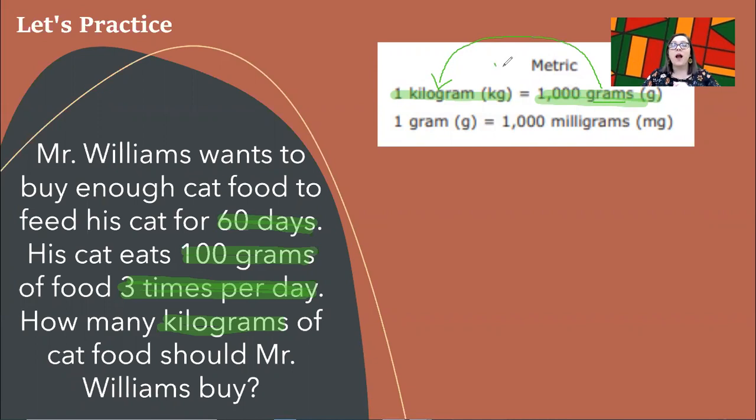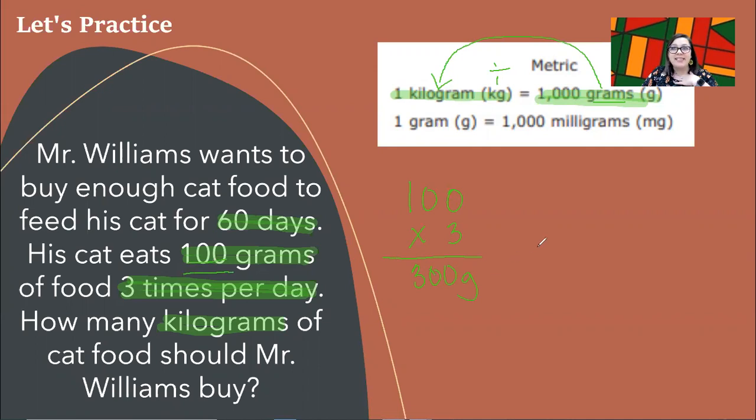But before I divide to find the number of kilograms, I first have to find my total number of grams. So we know that he feeds his cat 100 grams 3 times per day. Therefore, Mr. Williams feeds his cat 300 grams of cat food every day.